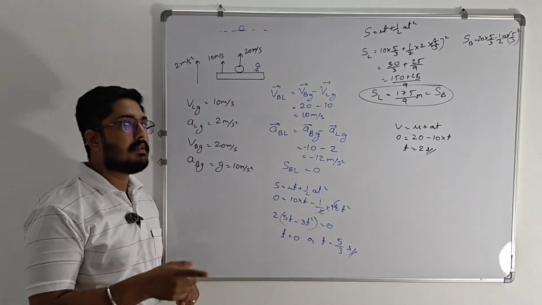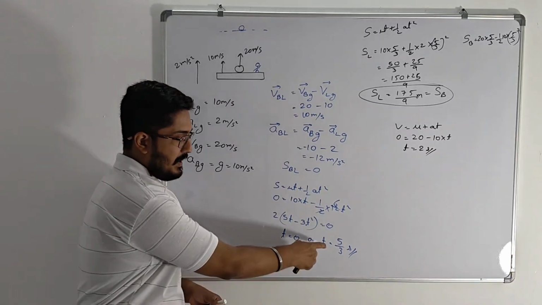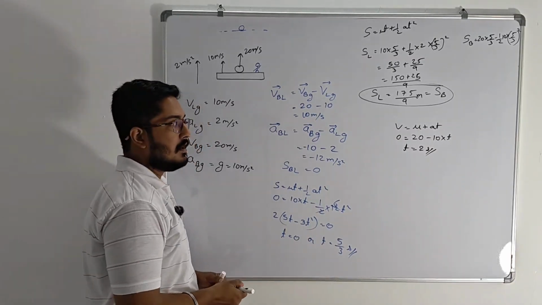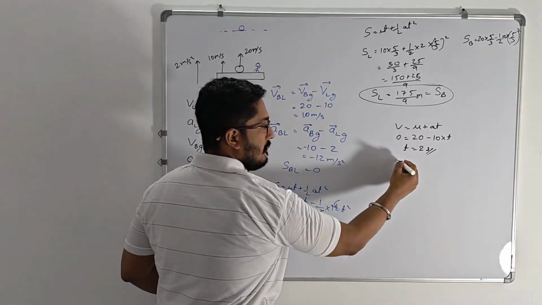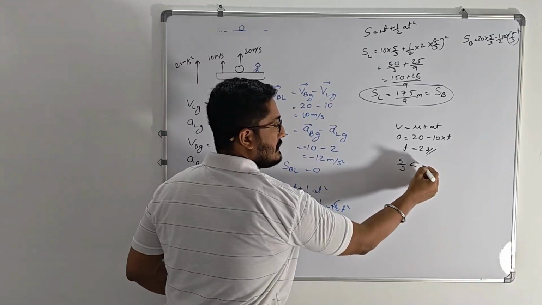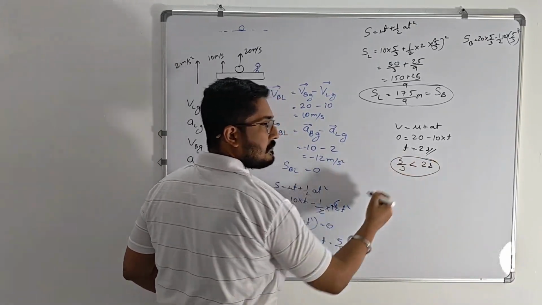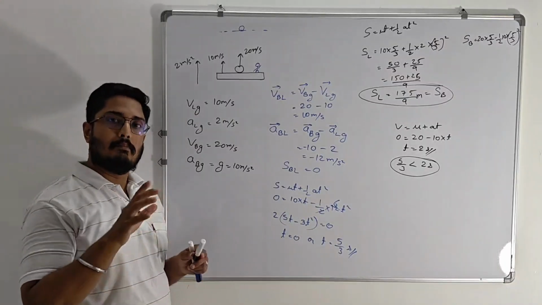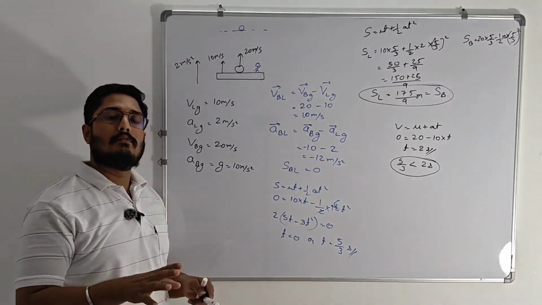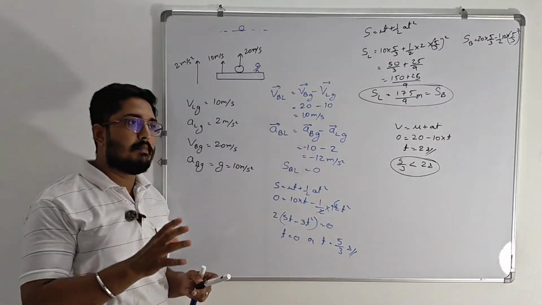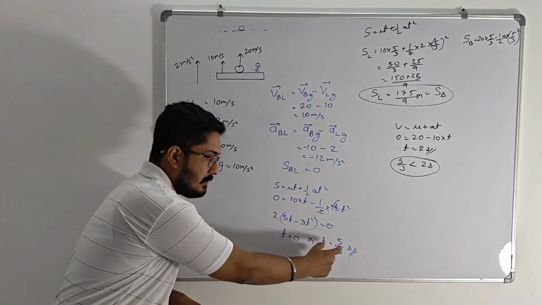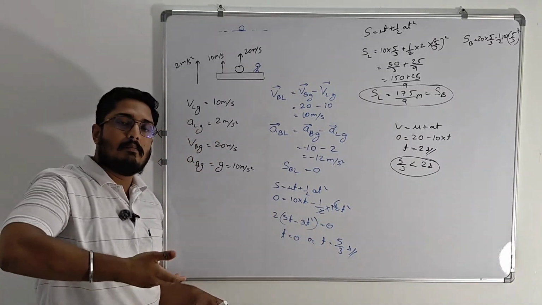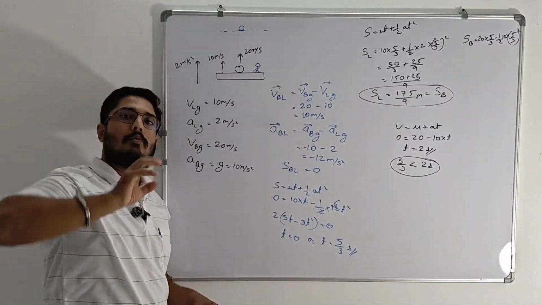And in how much time are the lift and the ball meeting? They meet in 5/3 seconds. Can I say that 5/3 is less than 2 seconds? That means the lift and the ball would be meeting before the ball could stop. So during this time of 5/3, isn't my ball always moving in one direction, upwards?